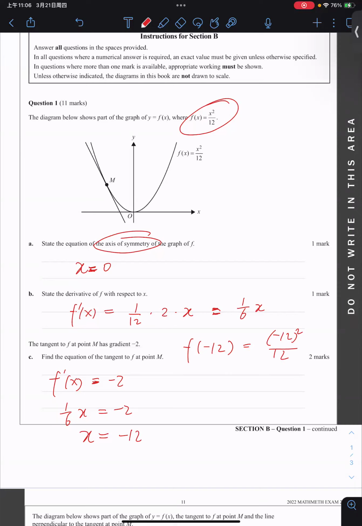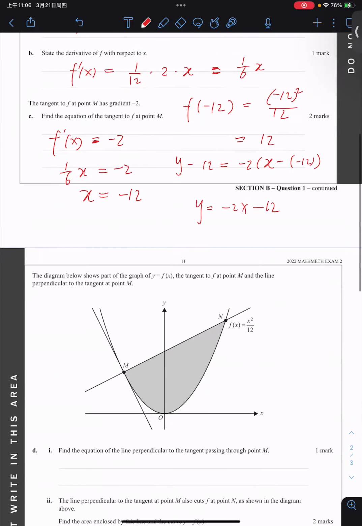And then you can find that is 12, because -12 times -12 is just 144 positive, divided by 12, that's 12. And then using the gradient and 1 point method, y minus 12 is equal to the gradient -2 times (x minus -12). And after the simplification, you can work out y is equal to -2x minus 12. That's it. End of the story.